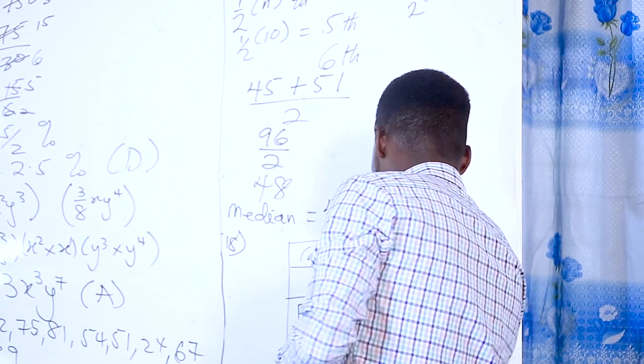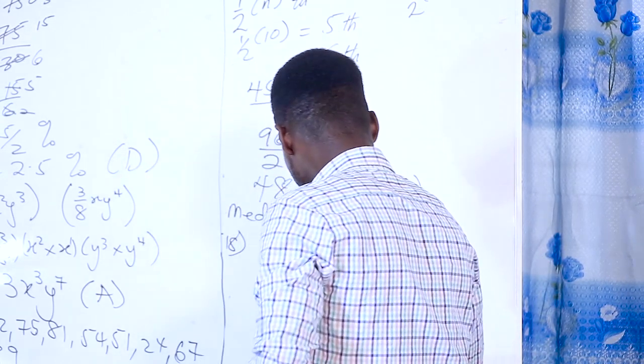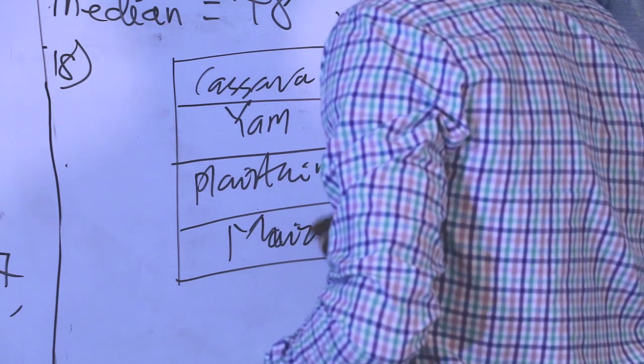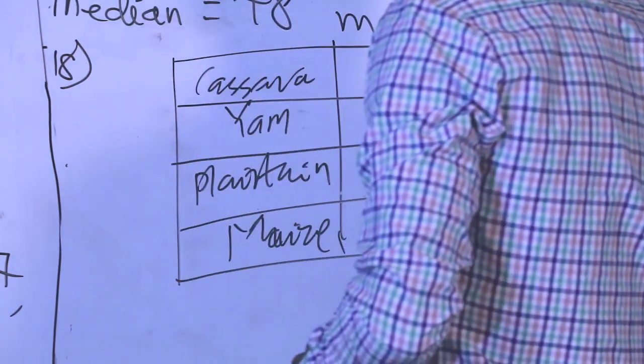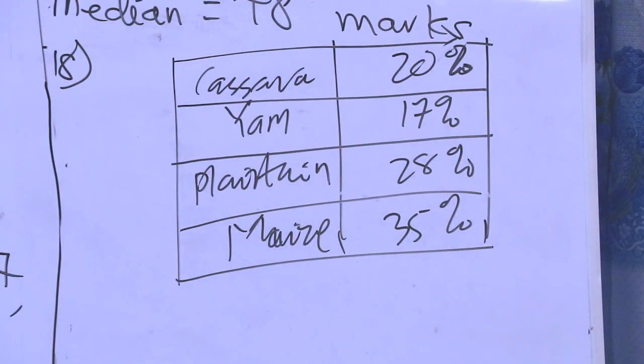And the last class on the table is maize, with a percentage of 35%. Now pay attention. The question is, what will be the value of the angle of the sector for maize?